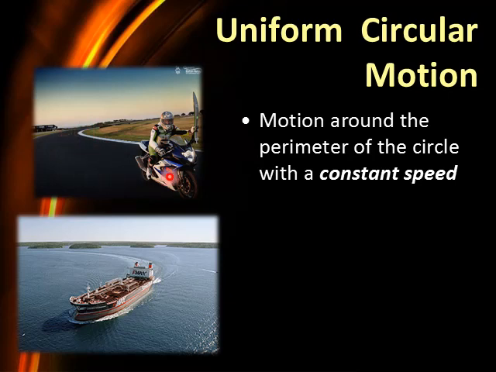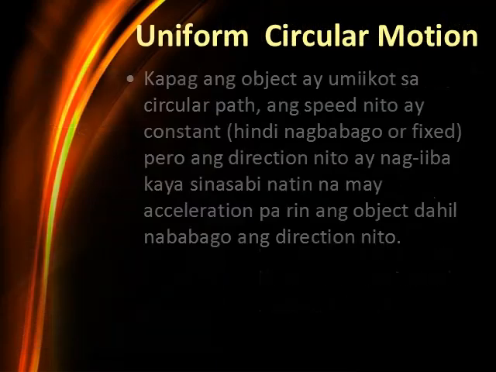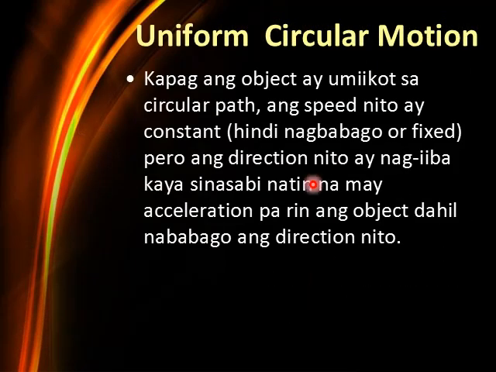So yung pag-ikot niya dito, you will be moving at the same constant speed. So an object moving in uniform circular motion would cover the same linear distance in each second of time. So same lang yung kanyang distance over time. Okay, linear distance. So kapag ang object ay umikot sa circular path, ang speed nito ay constant. So hindi nagbabago or fixed.